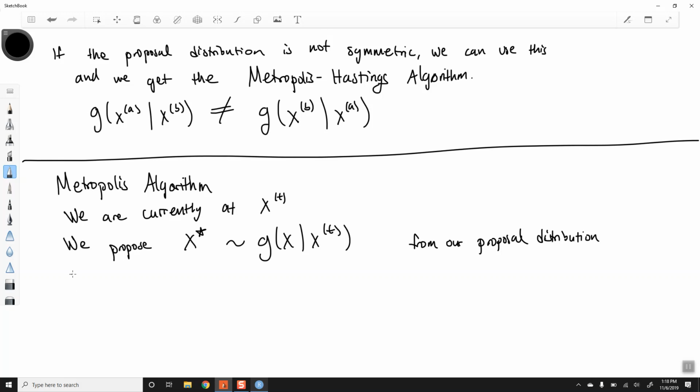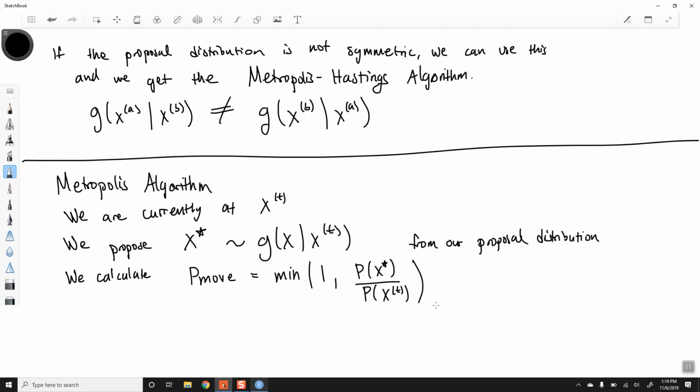Then we calculate the probability of moving, which is the minimum of 1 and the probability of the proposed value, x star, divided by the probability of the current value.